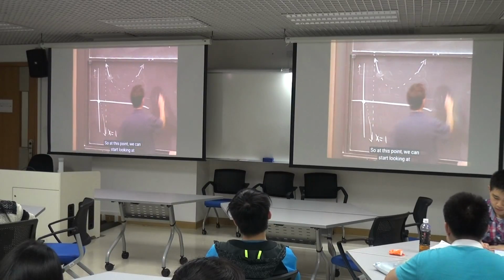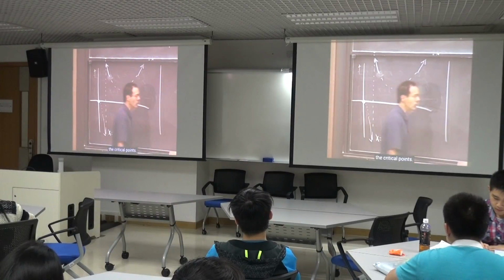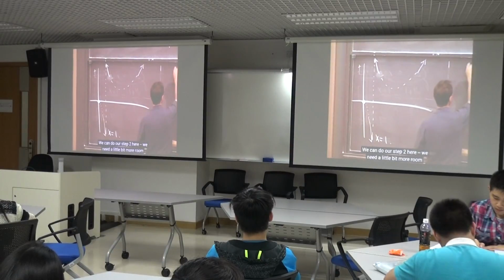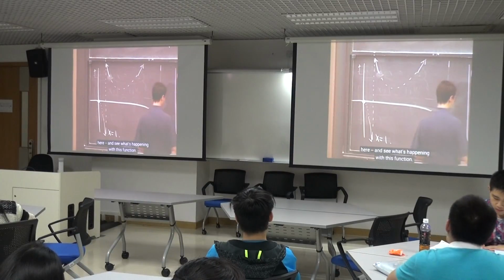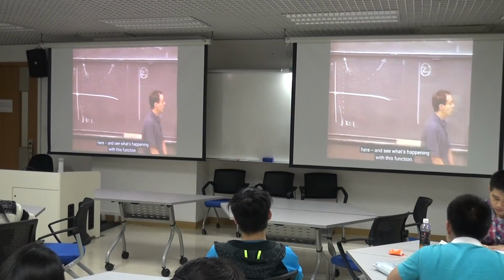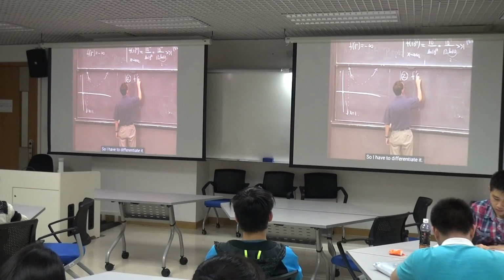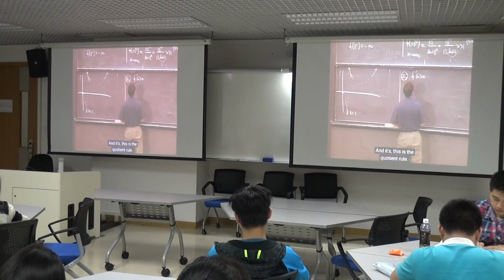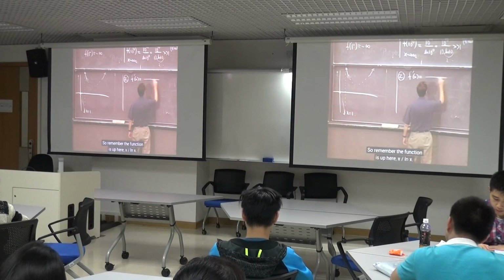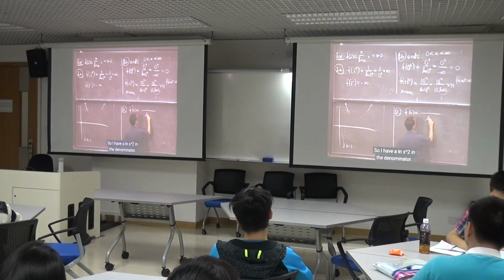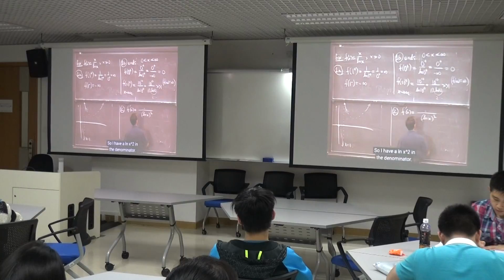All right, so at this point, we can start looking at the critical points. We can do our step 2 here, and see what's happening with this function. So I have to differentiate it. And this is the quotient rule. So remember the function is up here, x divided by log x. So I have a log x squared in the denominator.